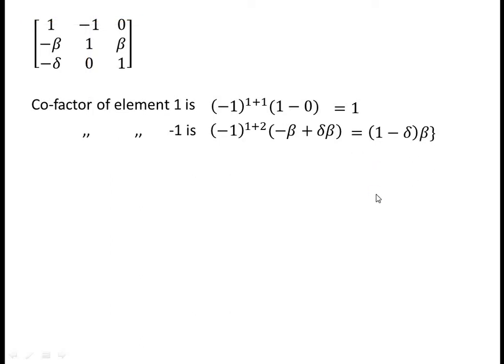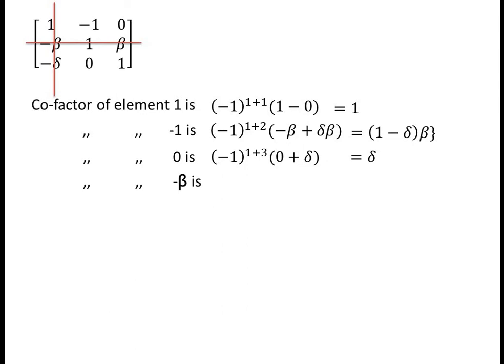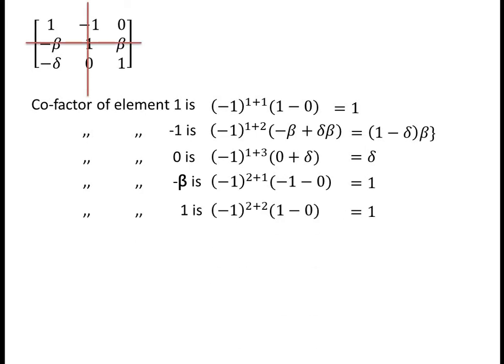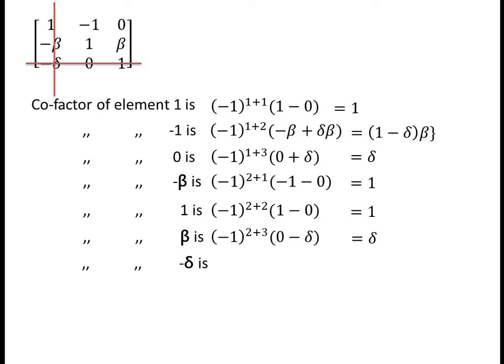The cofactor of the element 0 is delta. The cofactor of the element minus beta is 1. The cofactor of the element 1 is 1. The cofactor of the element beta is delta. The cofactor of the element minus delta is minus beta.